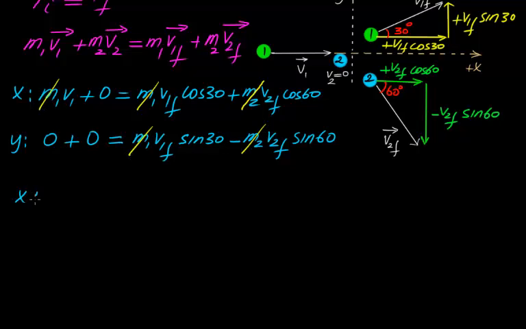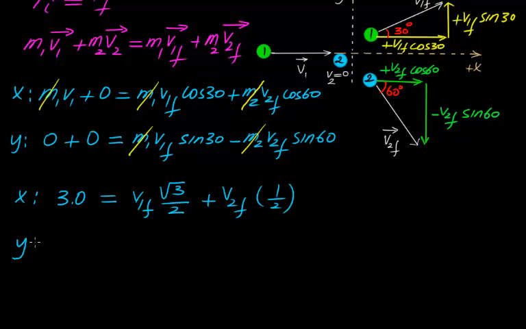The x component is going to be simplified, therefore, to v1 equals 3 meters per second equals v1 final cosine 30, which is equal to square root of 3 over 2. Therefore, this expression becomes v1 final square root of 3 over 2. The cosine of 60 is equal to 1/2. Therefore, this becomes v2 final times 1/2.